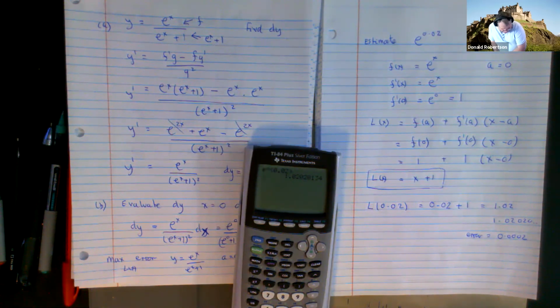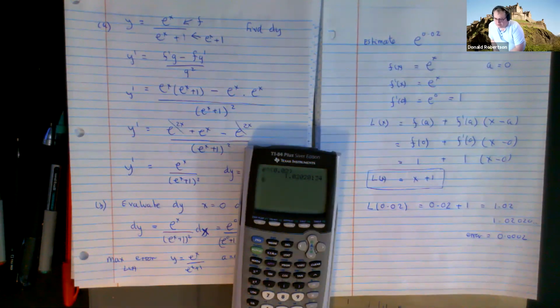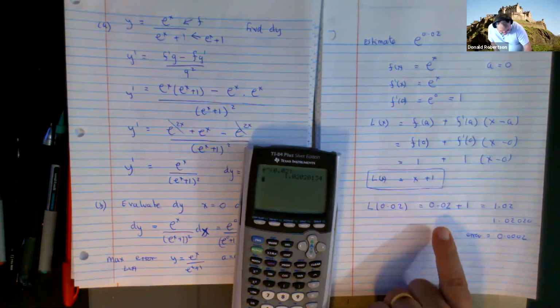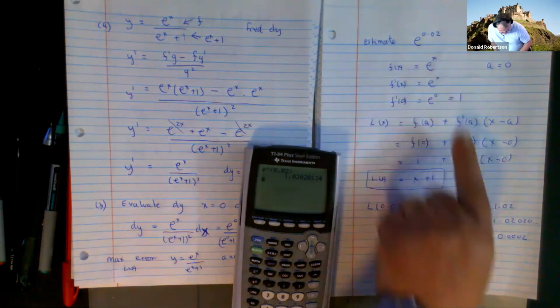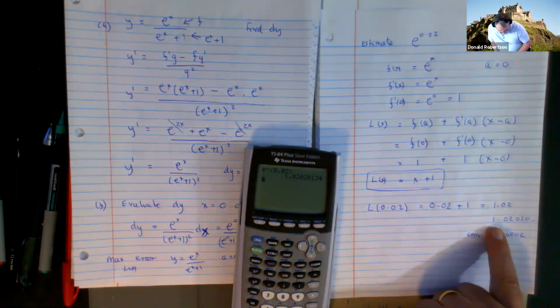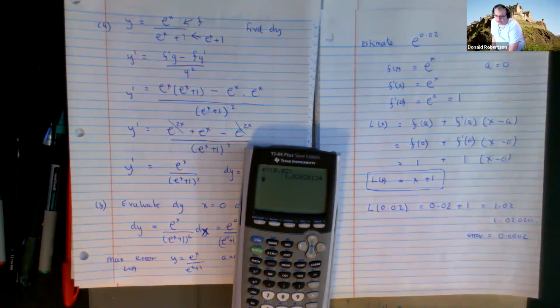Evidently, e to the x at 0 is a pretty nice function, and 0.02 is pretty close to 0. That combination has generated a linear approximation function that is very good at calculating the exact value. Our value, 1.02, compared to the real value, was very, very close to each other. The error was tiny.